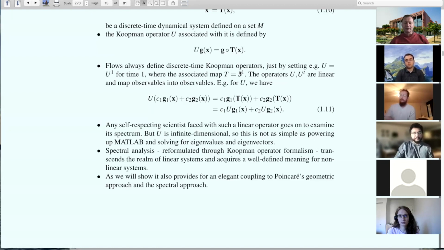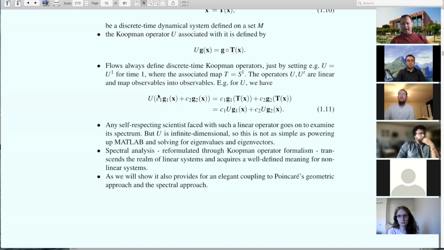So good question. Let's prove the linearity. Let's say that we take two observables, g1 and g2. Remember, these are vectors of observables defined on X. Multiply them by some constants c1 and c2. These could be complex constants, and g1 and g2 are also complex functions.